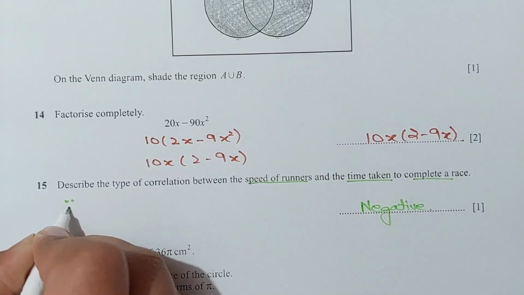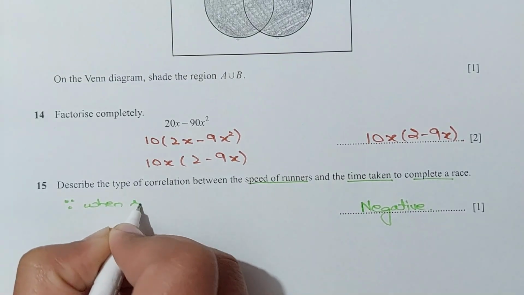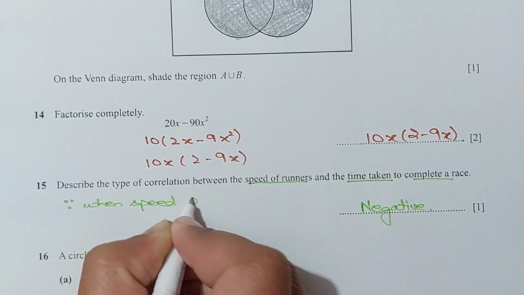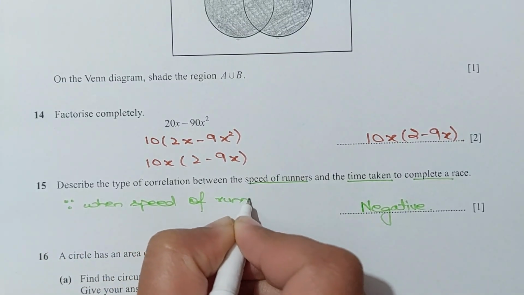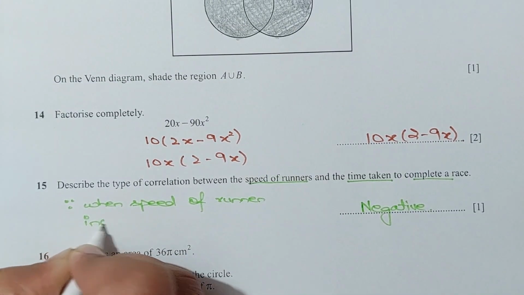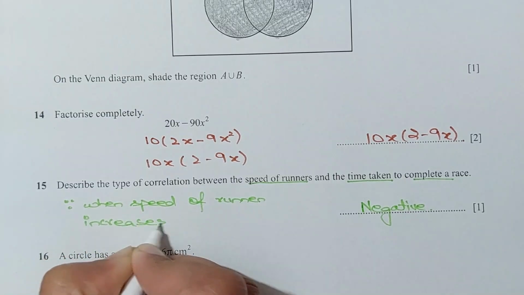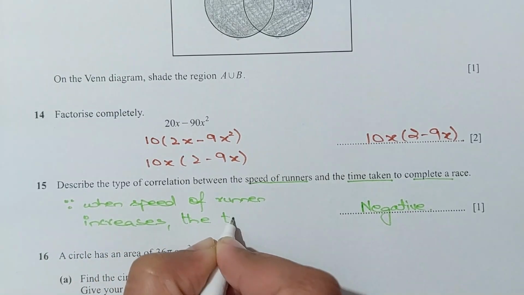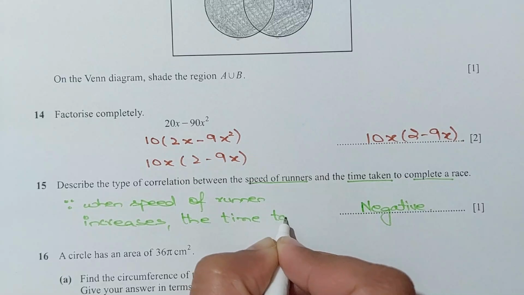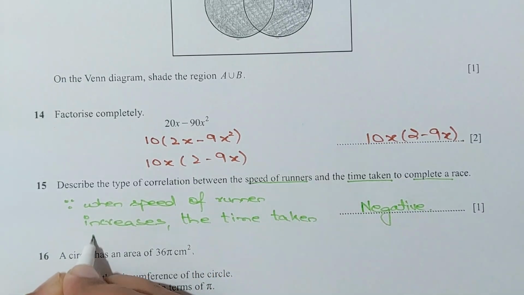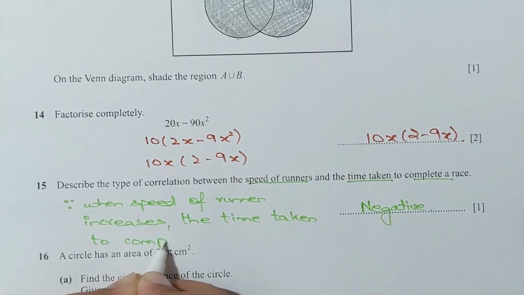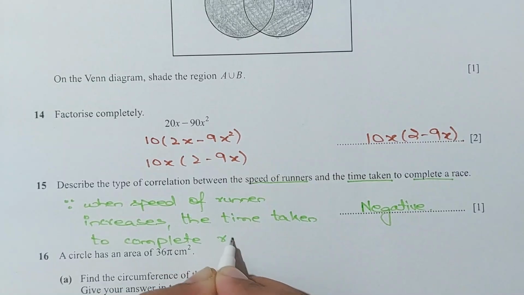Why negative correlation? We can say when speed of runner increases, the time taken to complete race decreases.